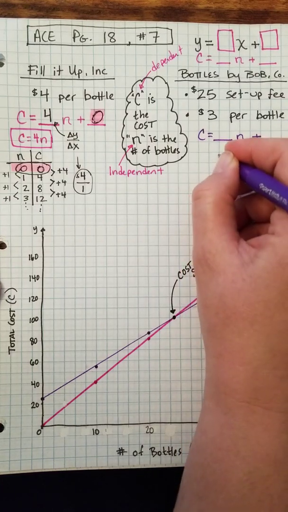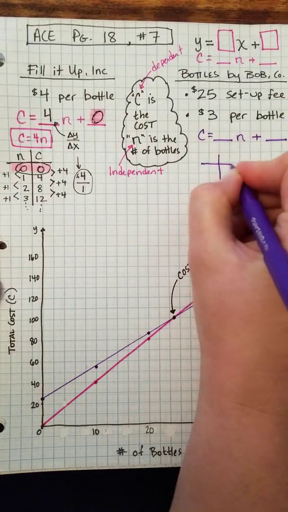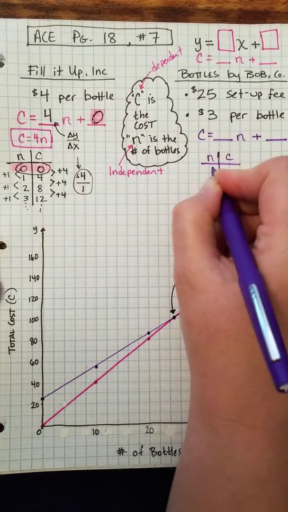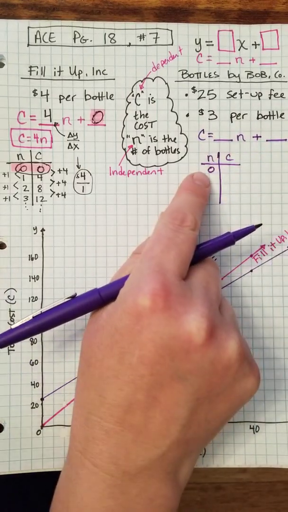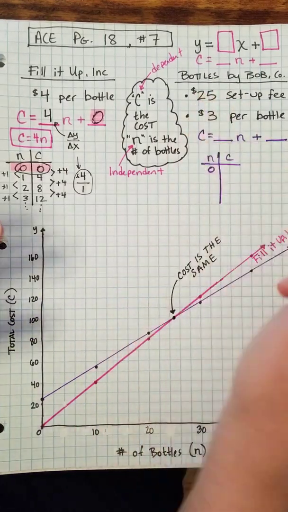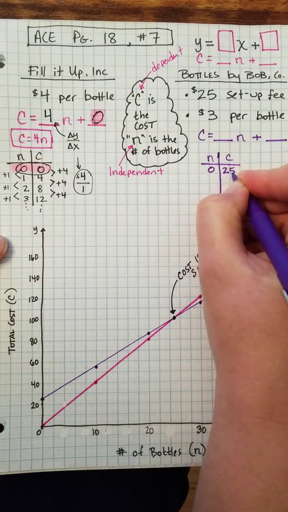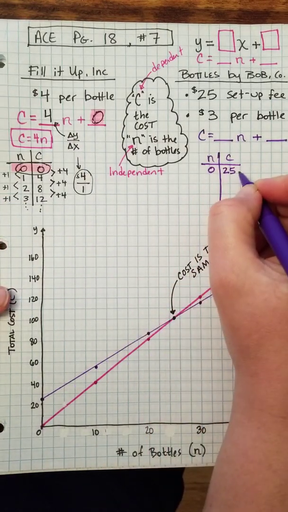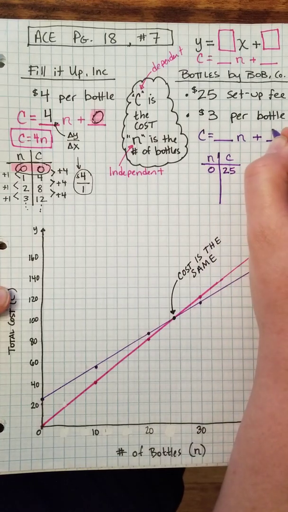Here, again, it did not ask you for a data table, but I did suggest it to make it a little bit more sense. If I buy 0 bottles, it does not matter if I haven't purchased a bottle yet. I have to pay a $25 setup fee before my bottles start to accumulate. So that 25 is going to go right in here.